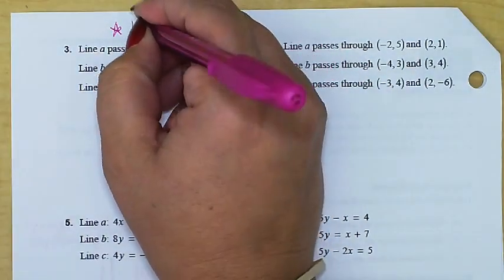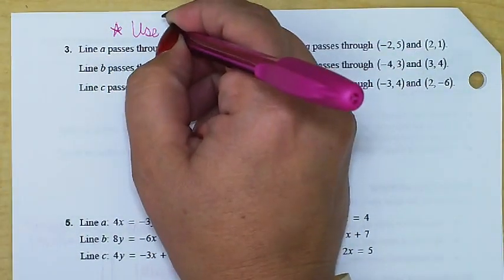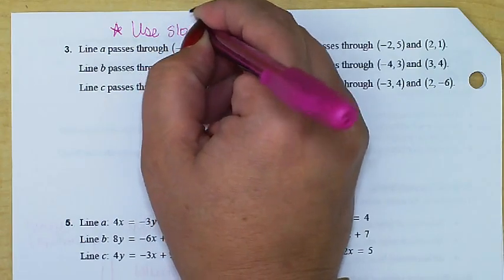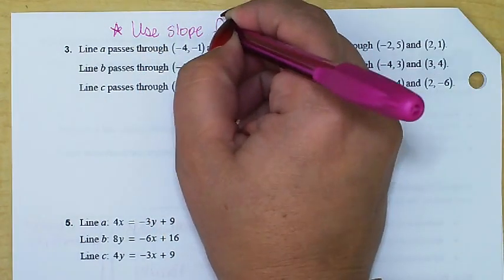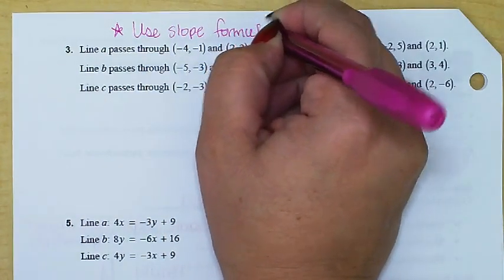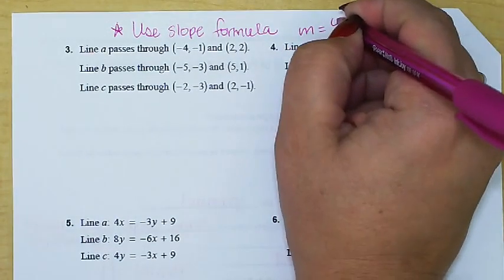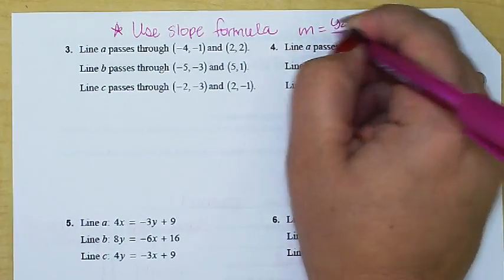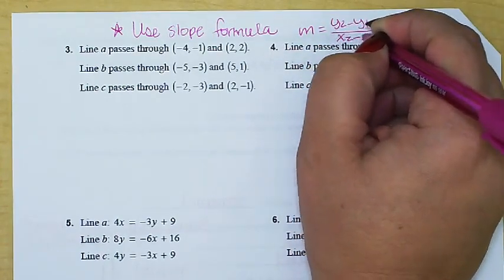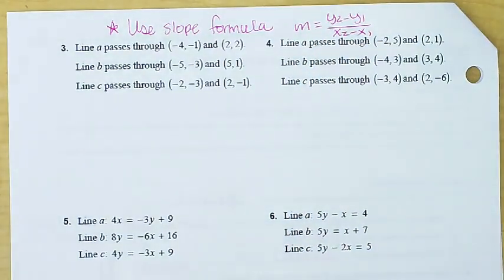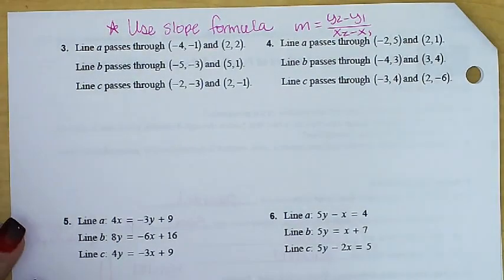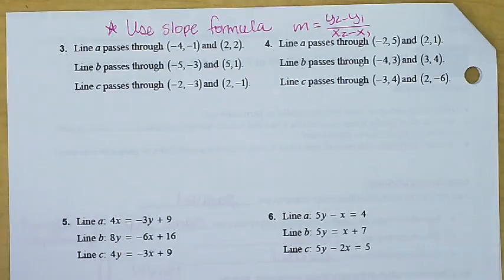For these, we are going to use the slope formula, since what we have is 2 points. We just work with what we have. Just a reminder that the slope formula is y2 minus y1 over x2 minus x1. It's the change in y over the change in x. And then we can find the slopes that way and compare them.